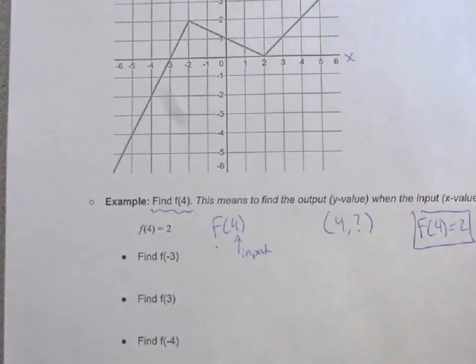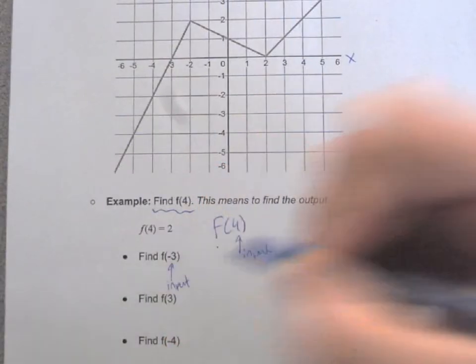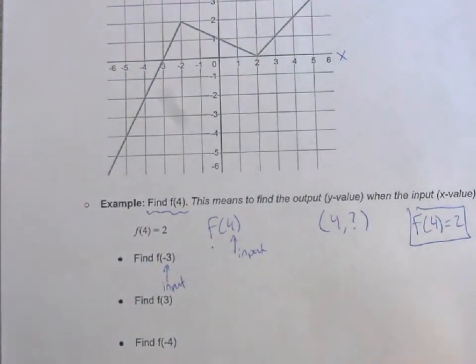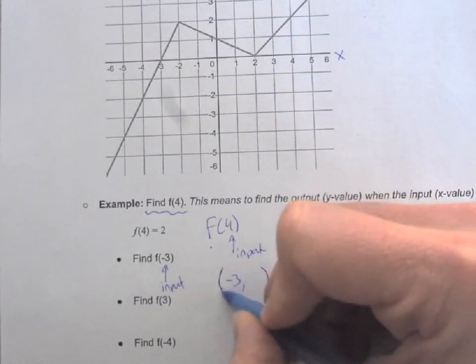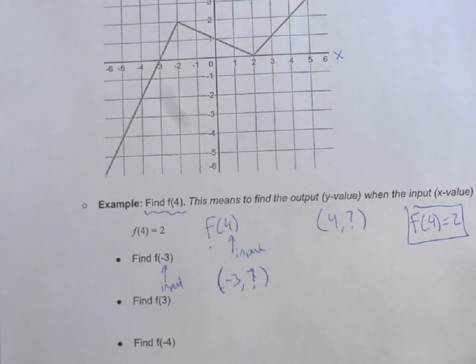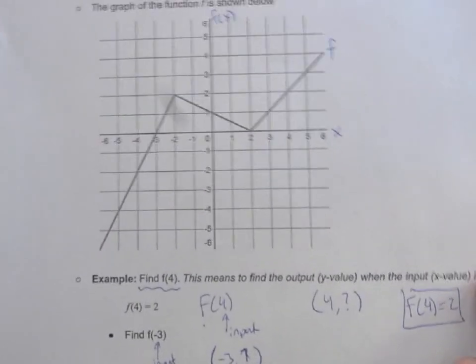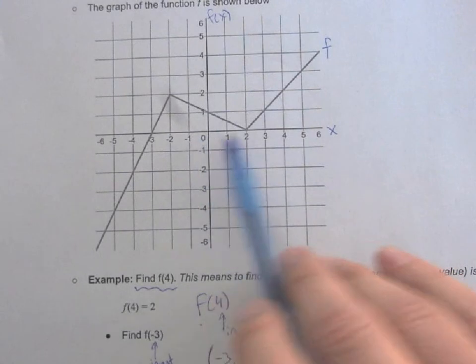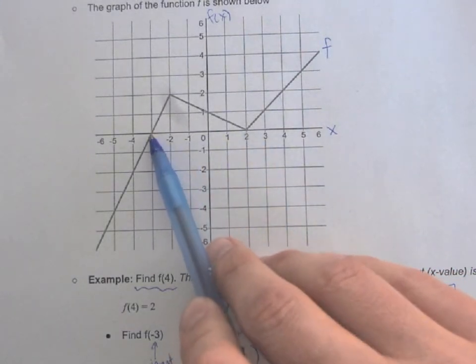Okay, next one, f of negative 3. Again, negative 3 is your input. That's the x value. So this is saying we have a negative 3 comma something as a coordinate. We're looking for negative 3 comma question mark, the output value. So we look at the f function, we find negative 3 on the x-axis, and the output value, the y value, is 0.